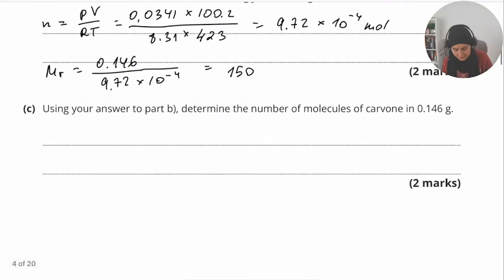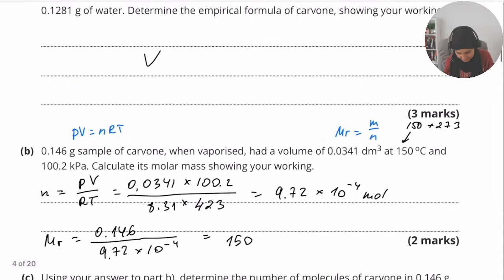And then, using your answer to part B, determine the number of molecules in 0.146 grams of carbon. I actually expected to calculate the MR, but okay.